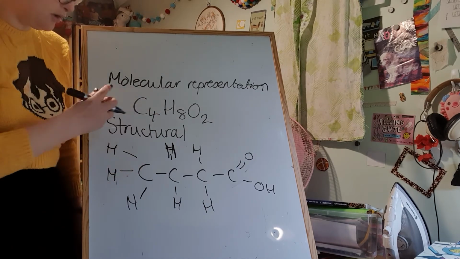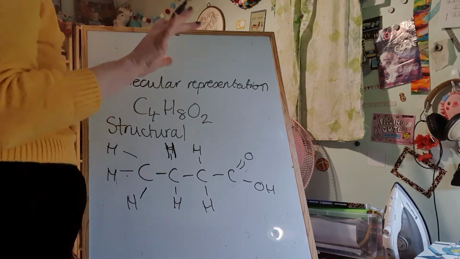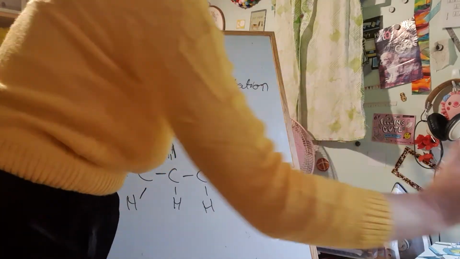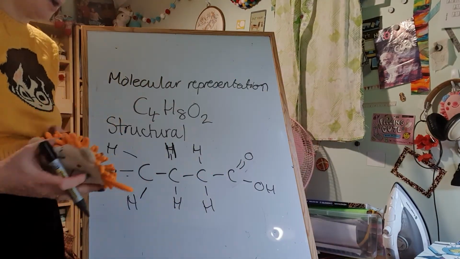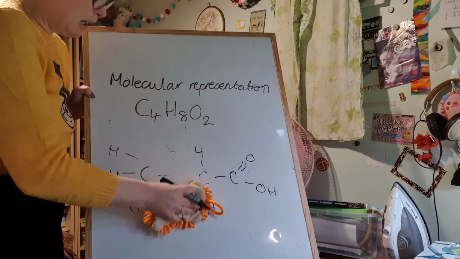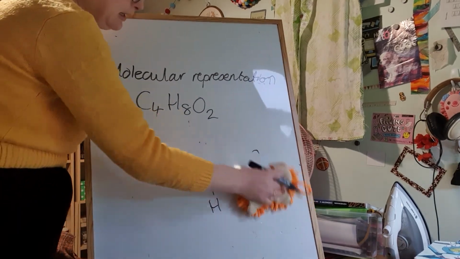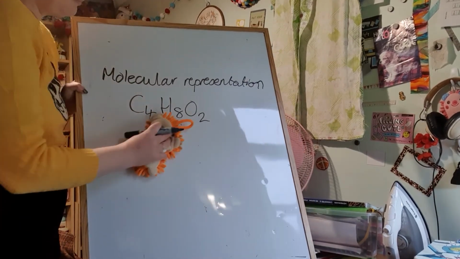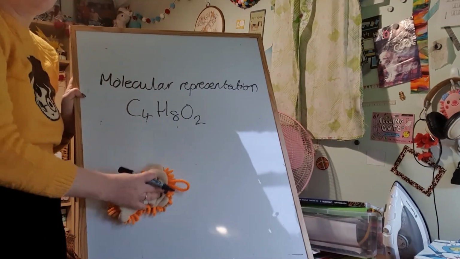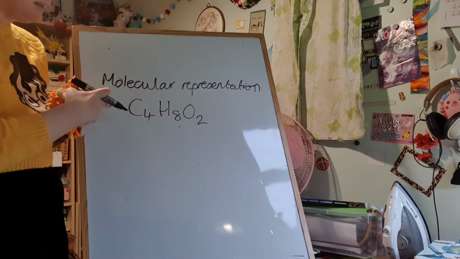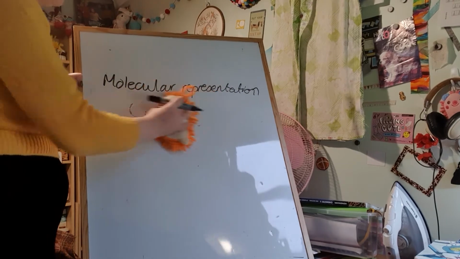We can go from our structural to our semi-structural. This is the one I've been using the most in my biochem stuff. It gives you this information and also a bit of information about where everything is.